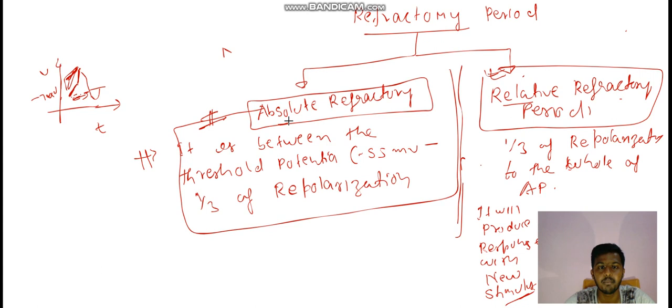But after 1/3 of repolarization till the last, a new stimulus can produce a response, but it should be strong. A weak stimulus can't generate a new response. So these are the refractory periods.